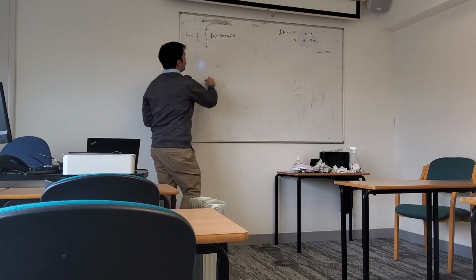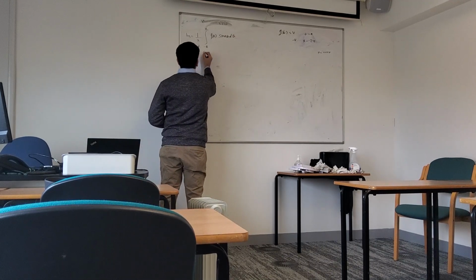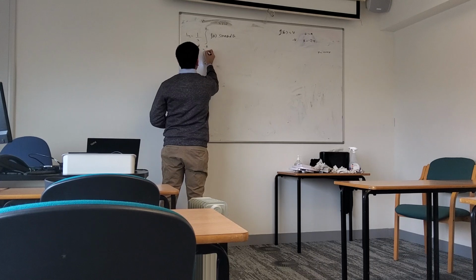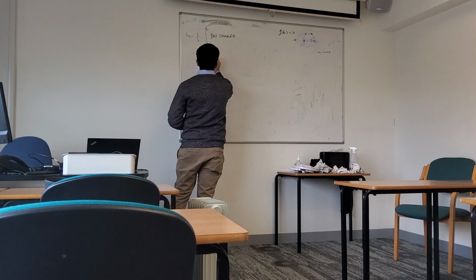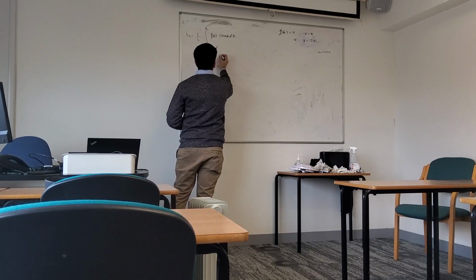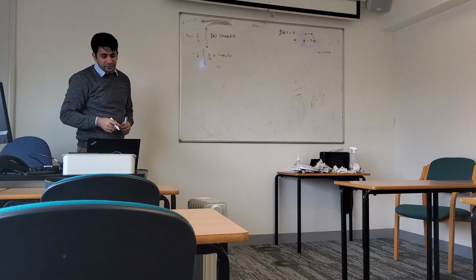Good. Now we can put the function, which would be 1 by pi. What is the value for the function? V by pi theta, right? Yes, the function value is V by pi theta.